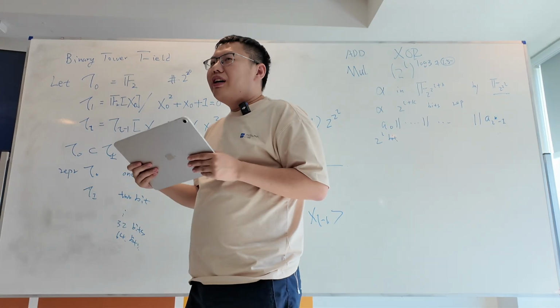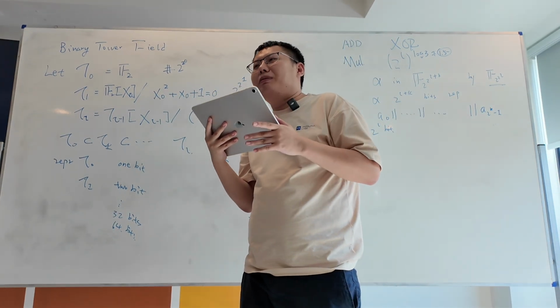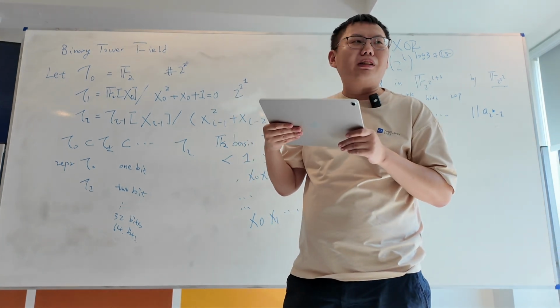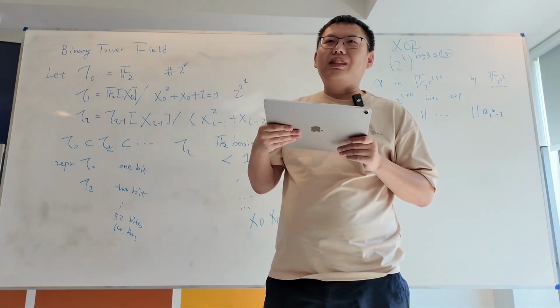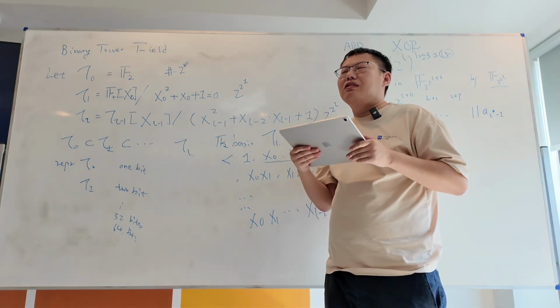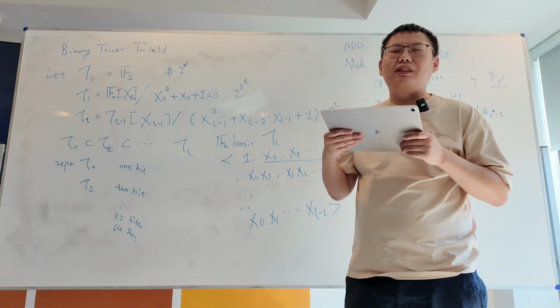Everybody who has done SNARKs knows that whenever you commit your data, you always commit in an elliptic curve point. Elliptic curve points are very big. At least the base field is around 250-something bits.